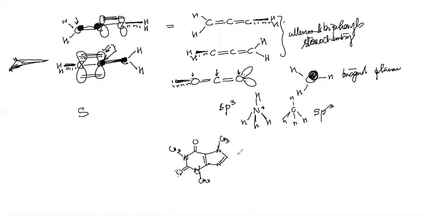Now you have a lone pair here, and a lone pair here, and a lone pair here, and two lone pairs here on the oxygen. And hybridization, these are all sp2 hybridized. This is sp2. This also is sp2. This one is also sp2. Yeah, all these three are sp2 hybridized.